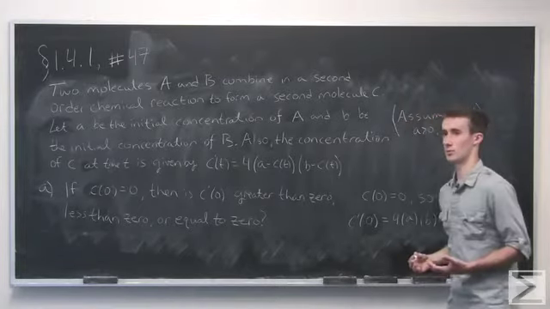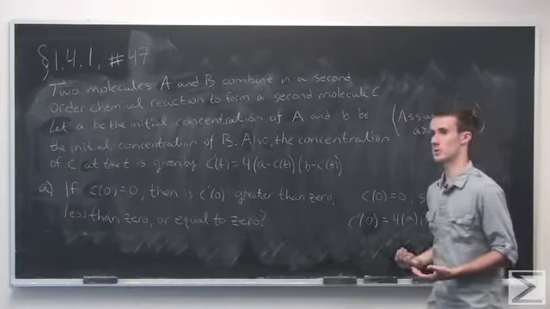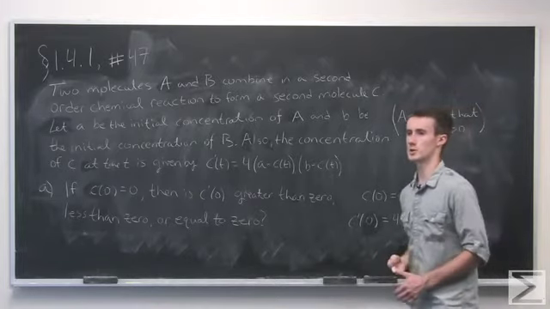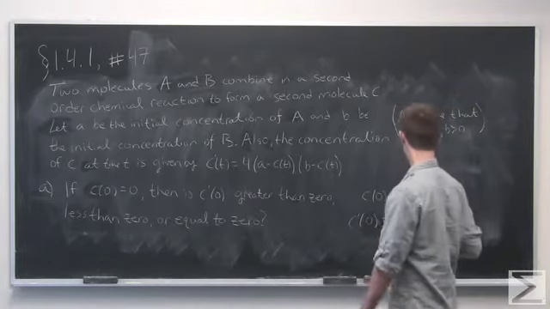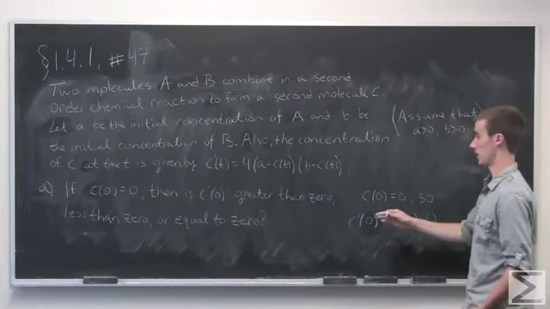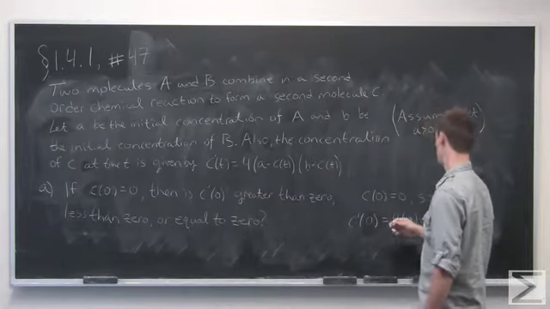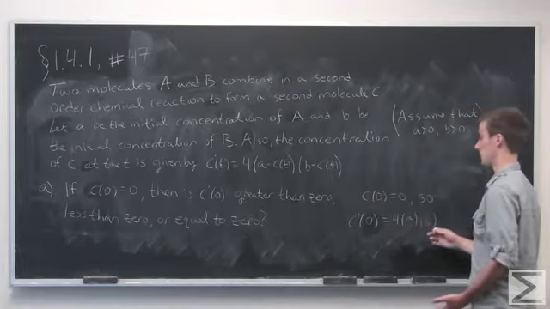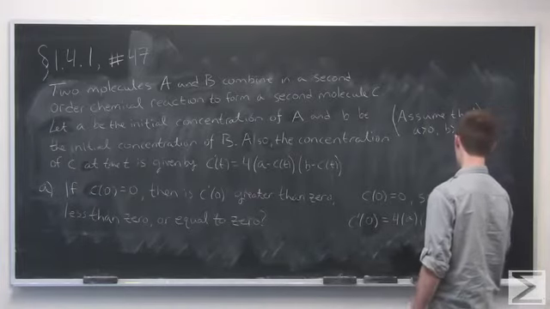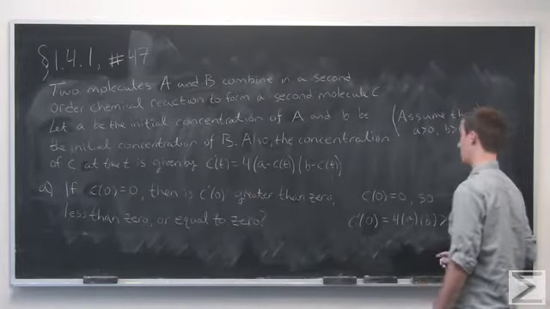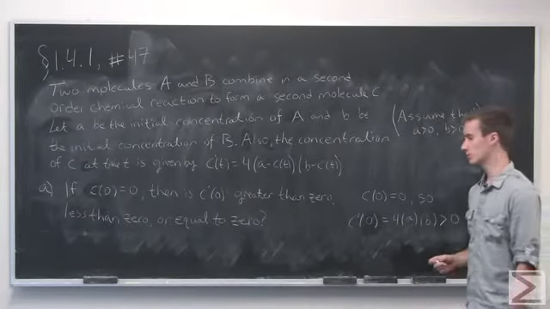Also, it would make sense for one of them or both of them to be 0, because then we could have no reaction in order to produce the third molecule. So we have that the derivative of C at time 0 is equal to 4 times A times B. These are all positive numbers, so we know that it will be greater than 0.